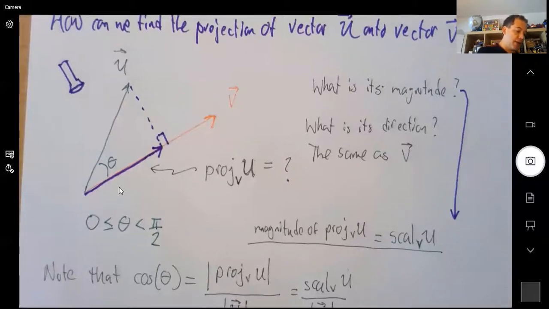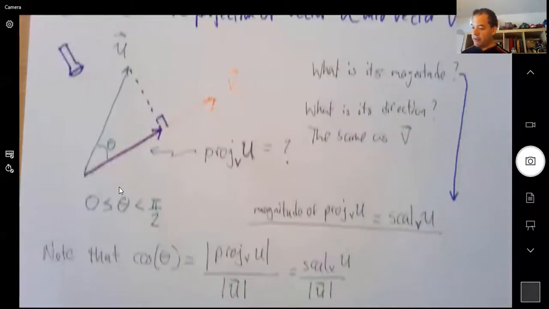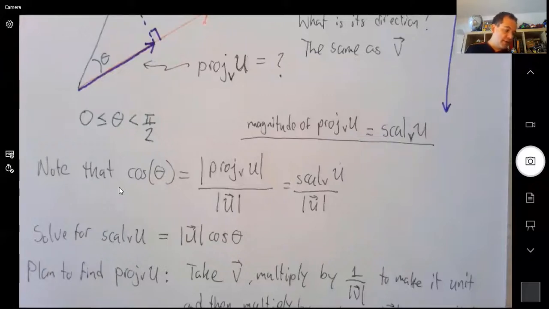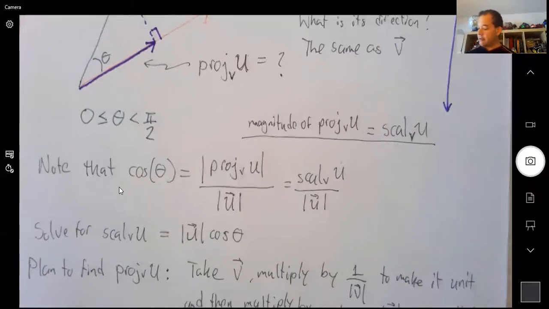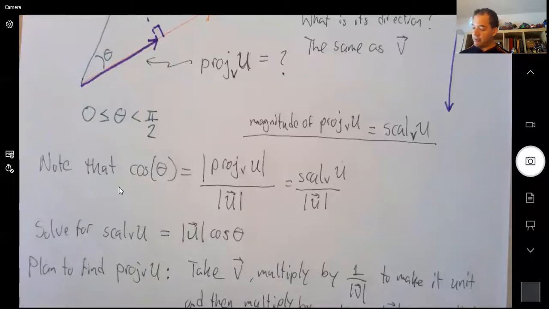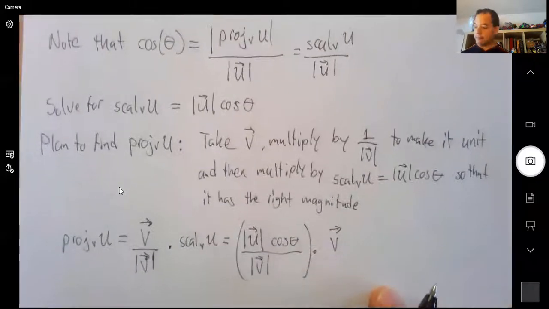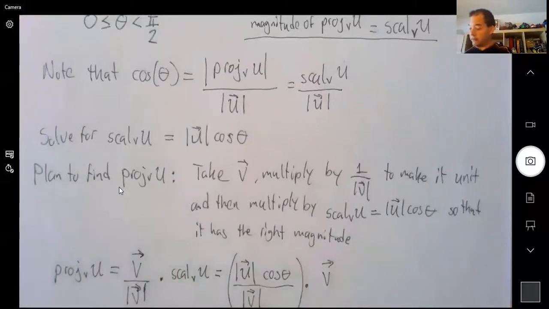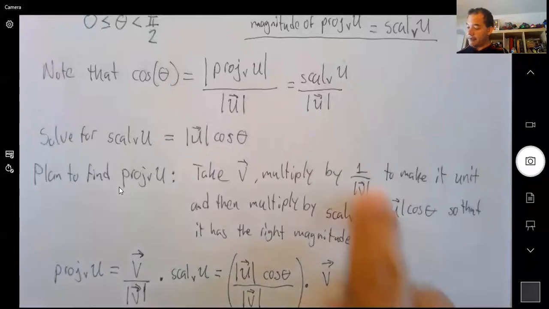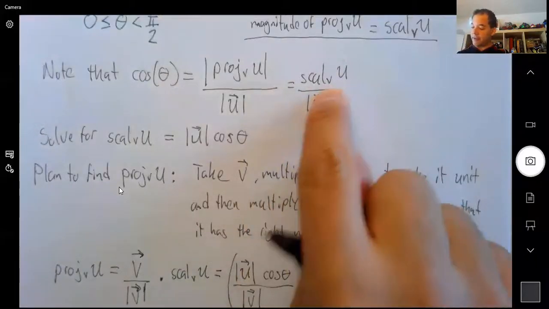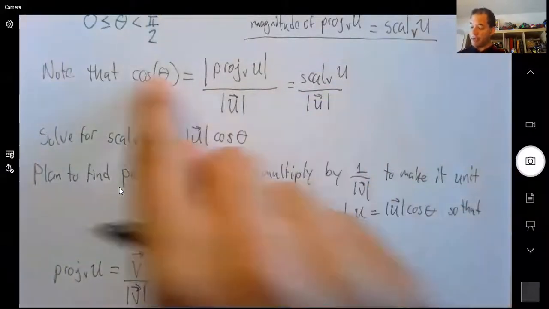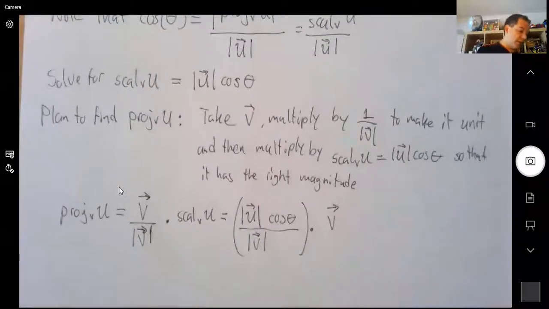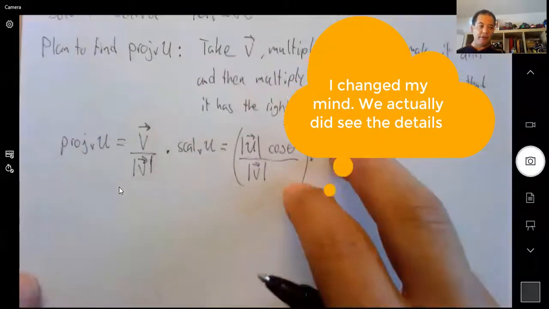But I'm going to spare you the details. So it turns out that the answer is essentially the same. The only difference is that the scalar will be negative, because we're going to be in the opposite direction, right? So the scalar, instead of being this, will be negative. I'm not going to do the details. I'm just going to write it here.